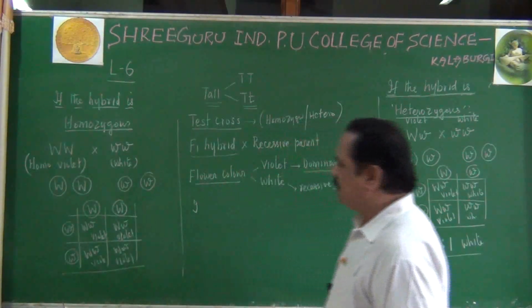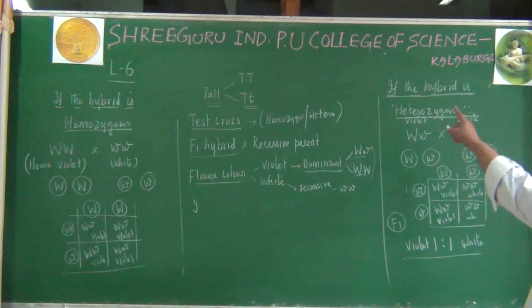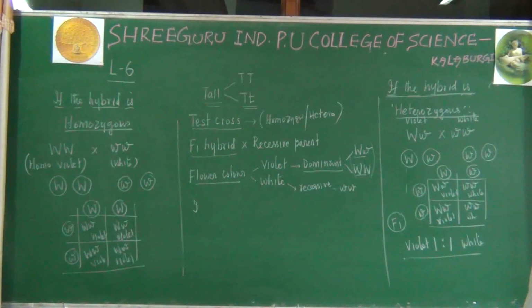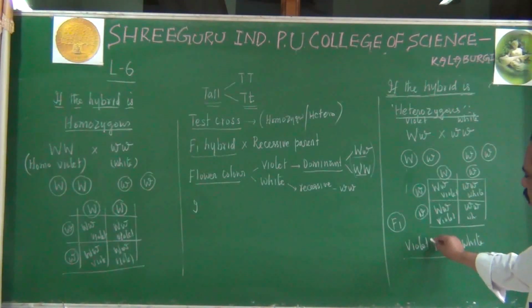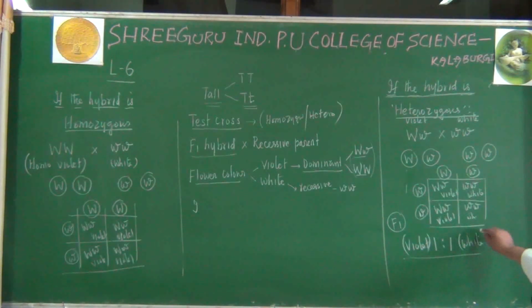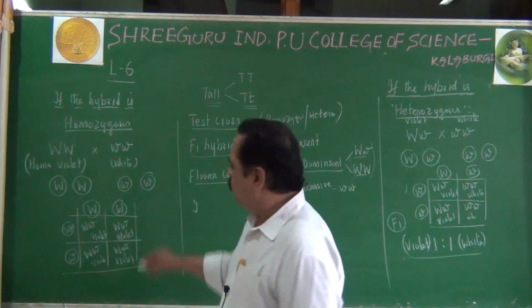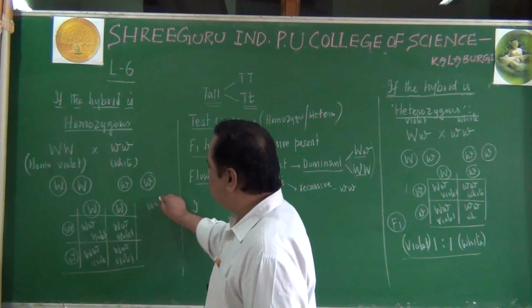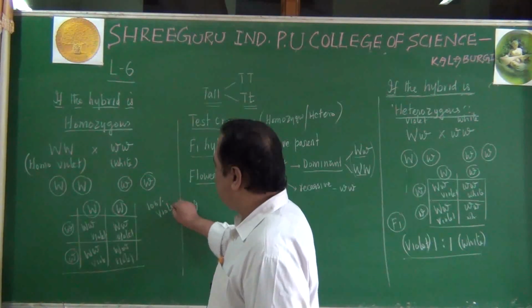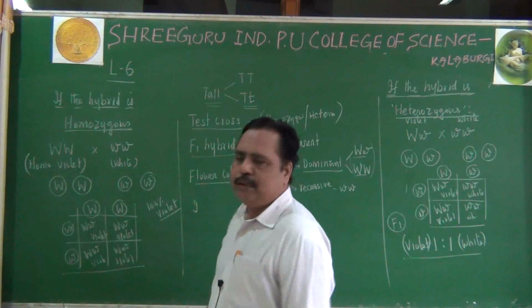Please remember the difference between this cross and that cross. Here you got both violet and white in 1:1 ratio. But here no white has been produced. All the individuals, 100%, are violet flower producing individuals only.